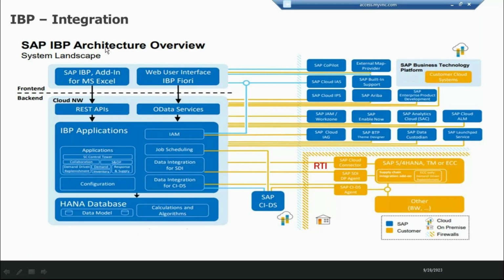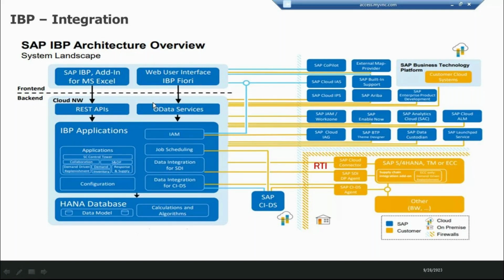So now to do this planning, we need the data from SAP ECC or S4 HANA or whatever the source system. SAP ECC or S4 HANA is a different server, a different system, and SAP IBP is a different system. Both are different systems. So to connect these two different systems, definitely we need some interface, to send the data and receive the data.